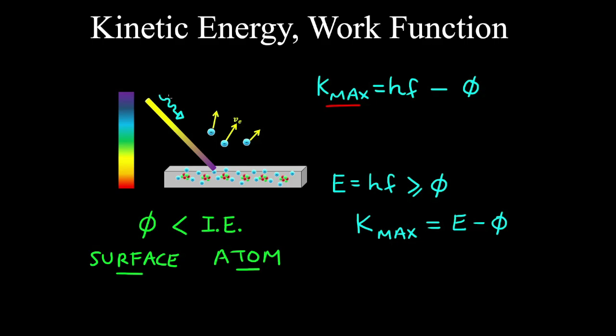And that's given that the frequency of light or energy of the photon does not change. So a higher light intensity does not change the maximum kinetic energy of an ejected electron.